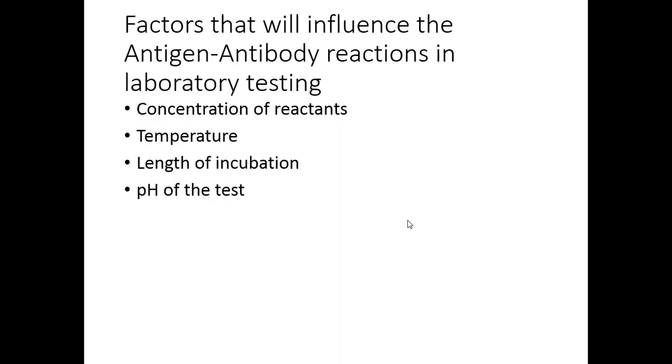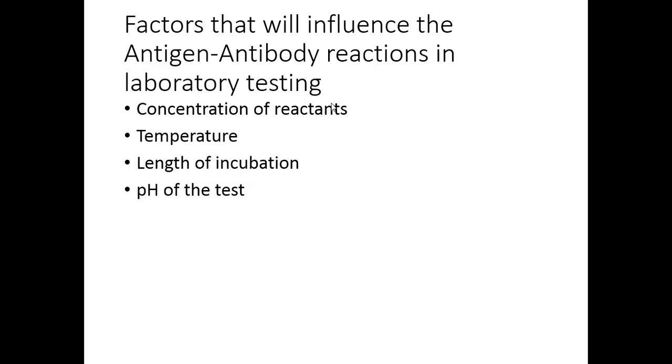So now we have a sense of the antibody-antigen reactions that we're going to be testing in the lab. Let's start to look at some of the lab reactions. There are multiple factors that influence antibody-antigen reactions in the lab. Doesn't this make sense? The concentration of reactants. Is there more antibody than antigen?